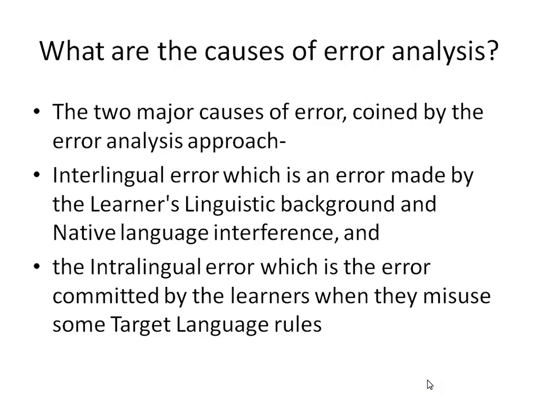That is interlingual error, which is an error made by the learner's linguistic background and native language interference, and the intralingual error, which is the error committed by the learners when they misuse some target language rule. So these are the two kinds of error. So native language, according to many critics, is a main cause of making errors in second language learning.